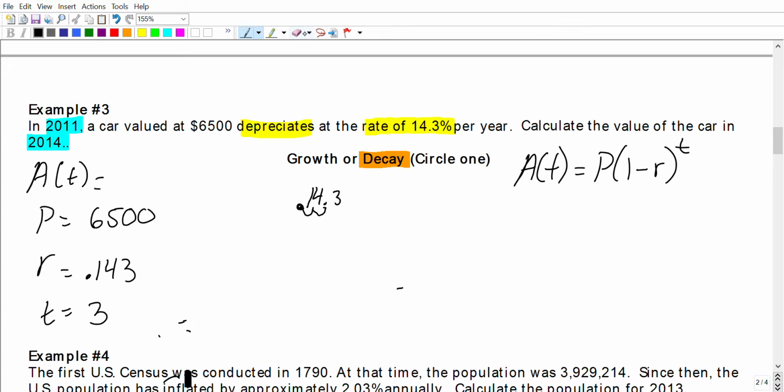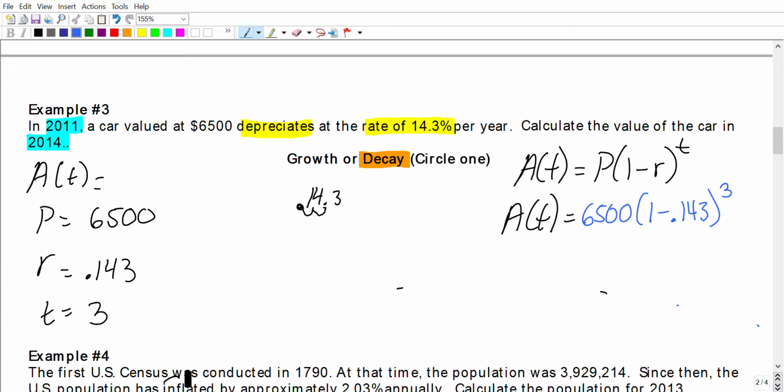So finally, I just have to substitute all of that back into my original equation. So A of t equals, now I have my P, which is 6,500, times 1 minus my r, which is 0.143, and finally raised to the third power.